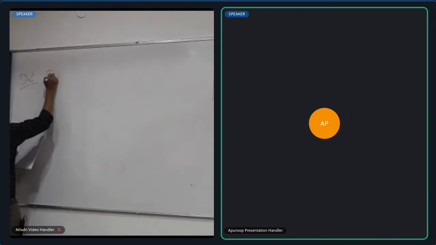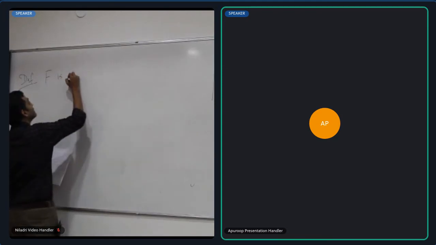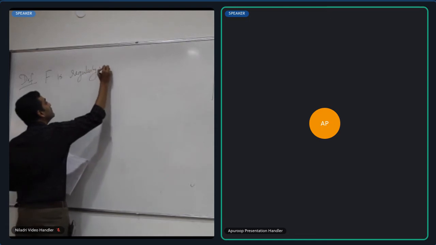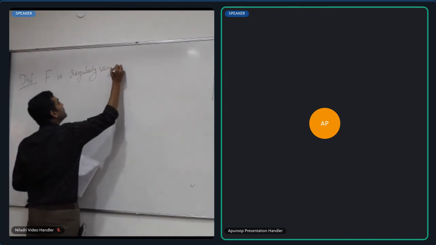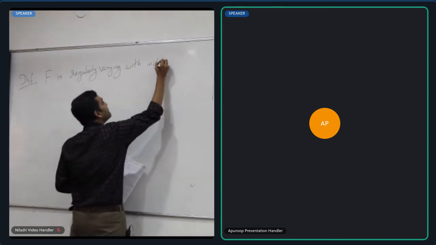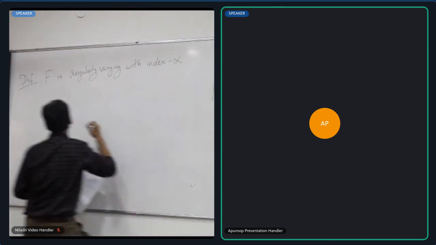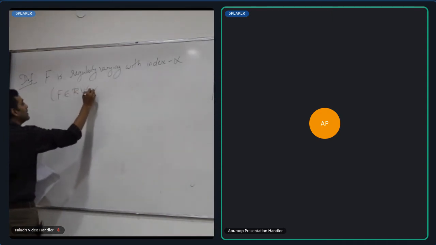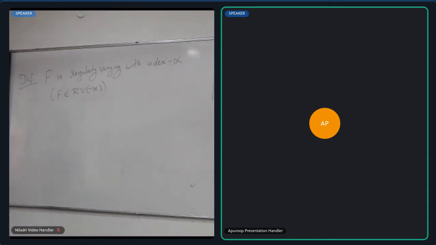So we say that f is regularly varying with index minus alpha. This is going to be denoted by f belongs to RV minus alpha. Right, so throughout this tutorial, RV is not a random variable, RV is regular variation.